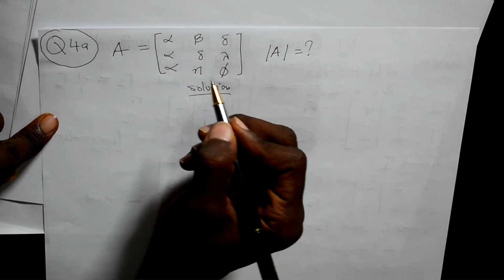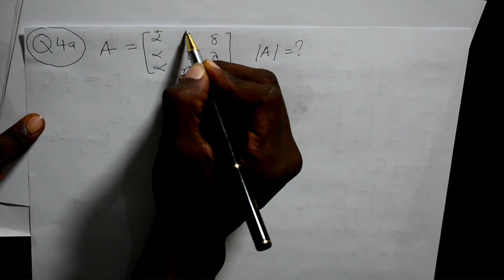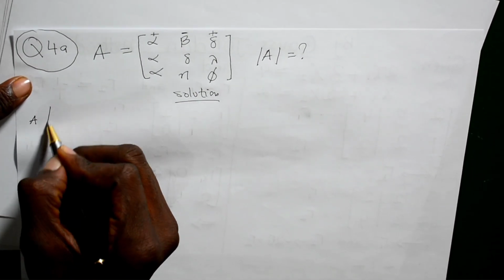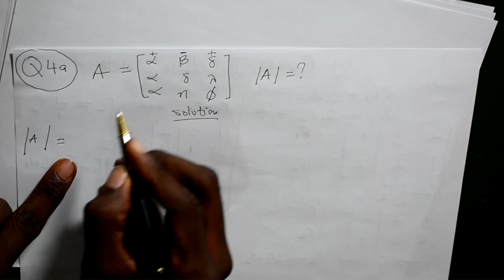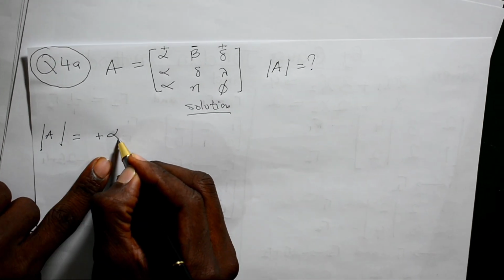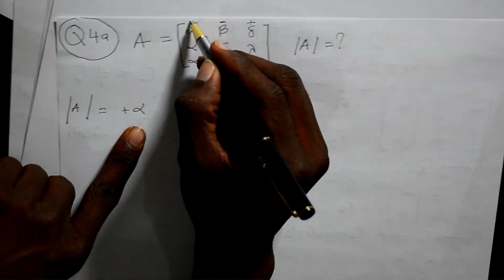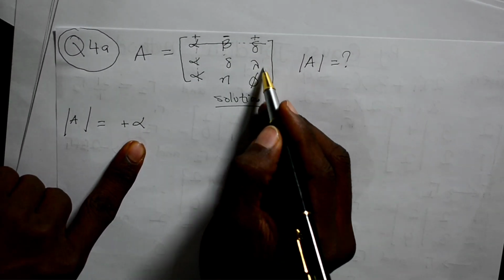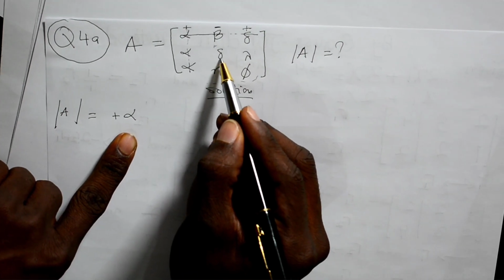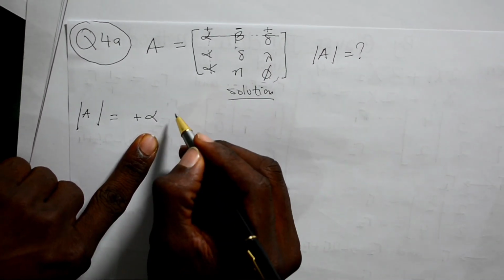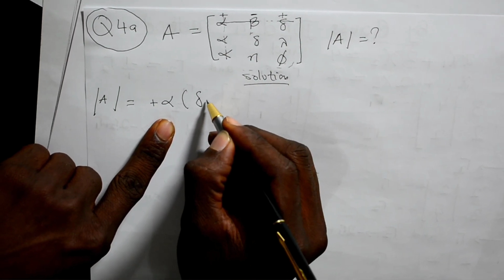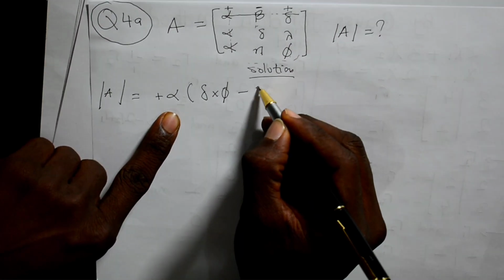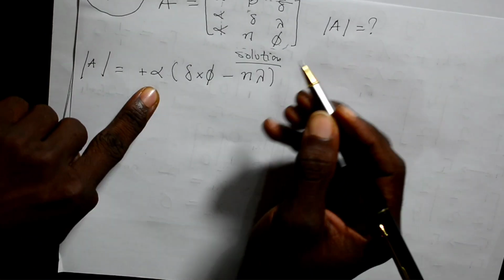First, don't forget to put your sign, positive, negative, and positive. A determinant will be equal to, then we carry the first alpha, then we close its column and row, then we go for the remaining ones. That means sigma times psi minus viscosity times wavelength.